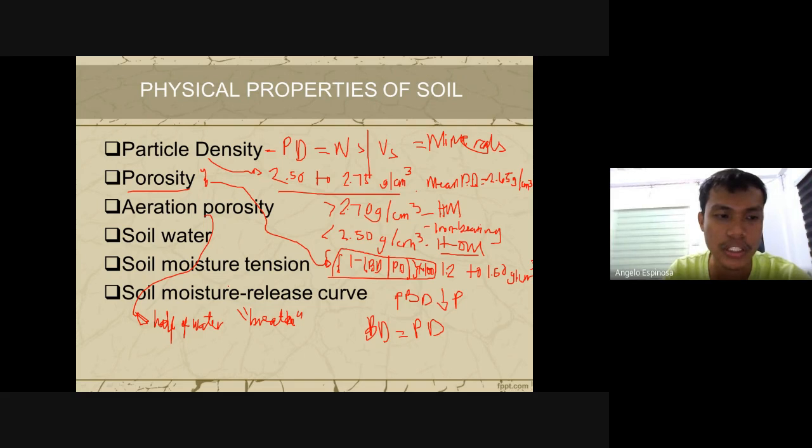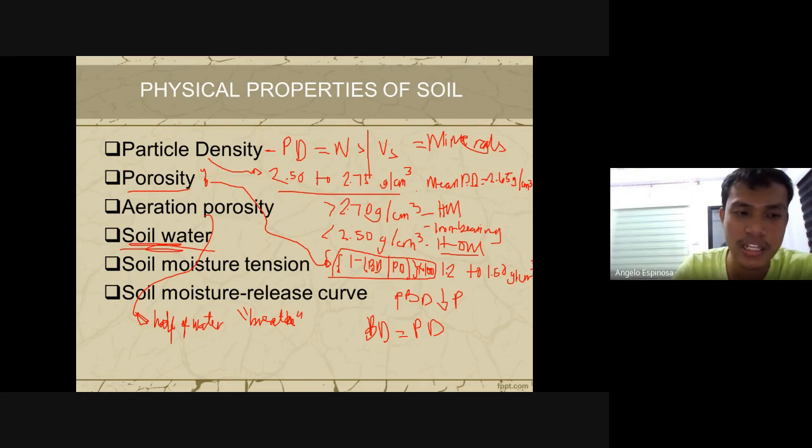Soil water constitutes the primary source of water for terrestrial plants. What is soil water? It is the primary source of water for terrestrial plants, such as trees.